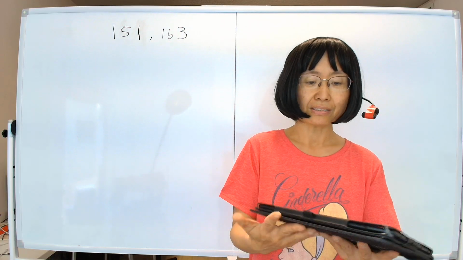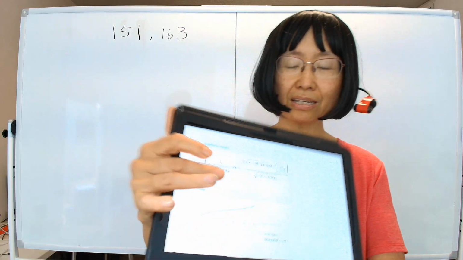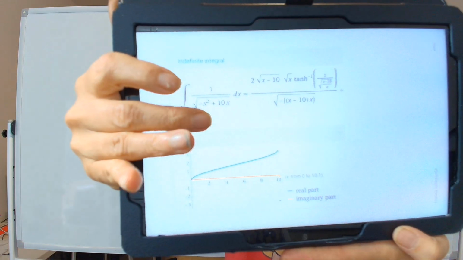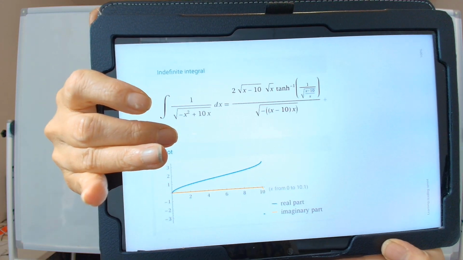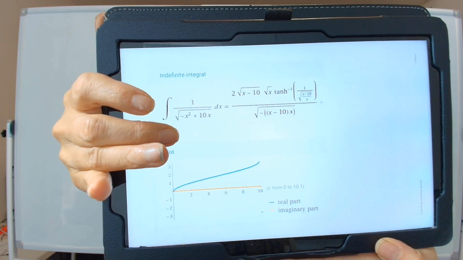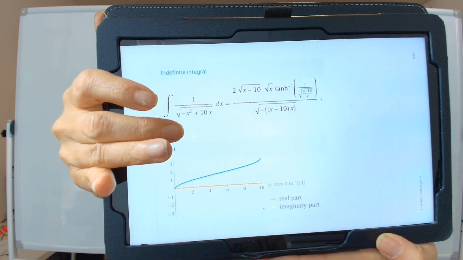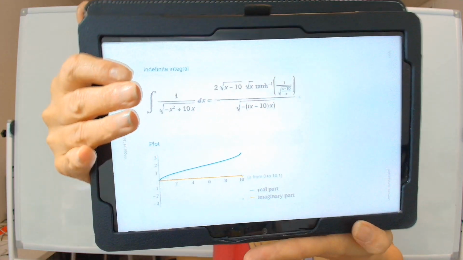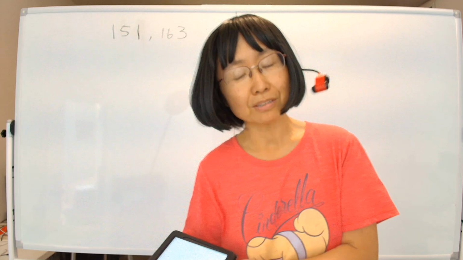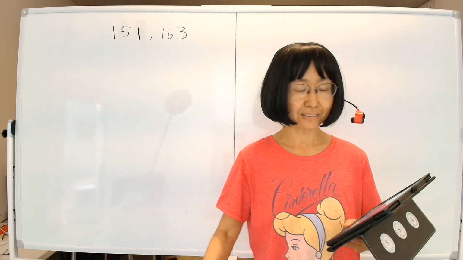Because the original function, as you can see here, is defined perfectly when x equal to 1. See right here? It's just negative x squared plus 10x. When x is 1, then the whole thing is just 9, right? Minus 1 plus 10 is 9. Whereas the answer is not defined for x equal to 1. So therefore, I will rule this answer as wrong.